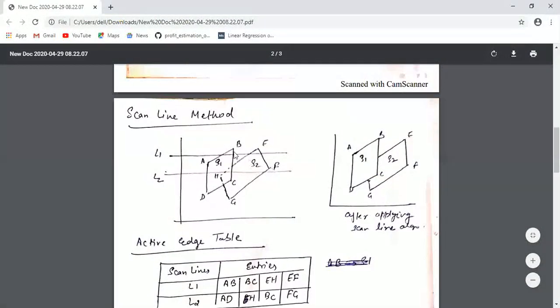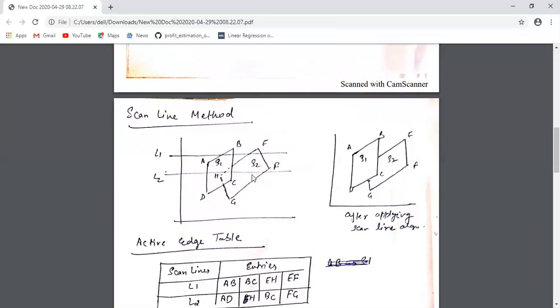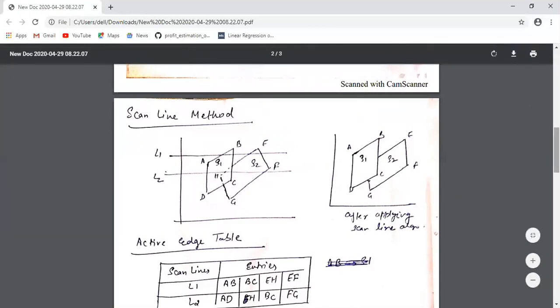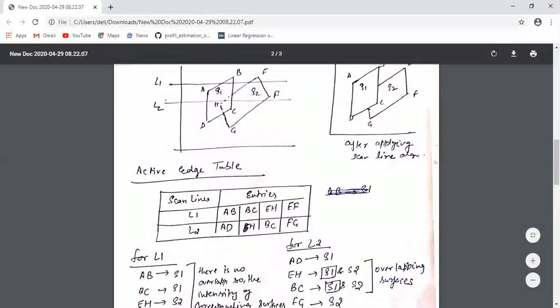Similarly, for BC, if we consider L2, not L1, it is going through S1 and S2 both. And for FG, for scan line L2, FG belongs to S2.